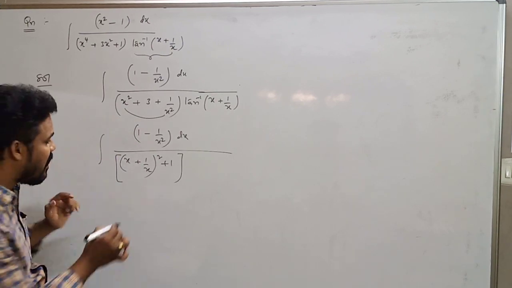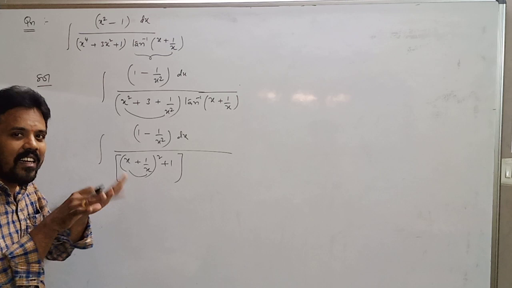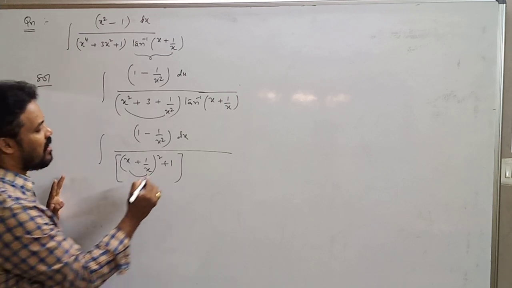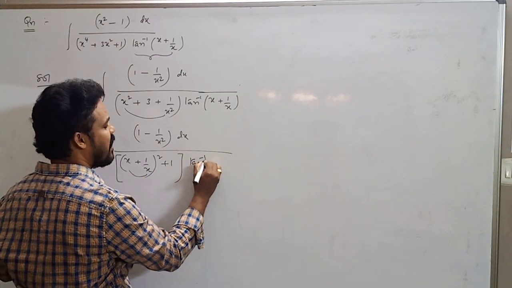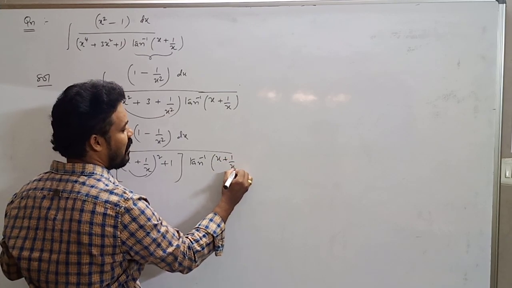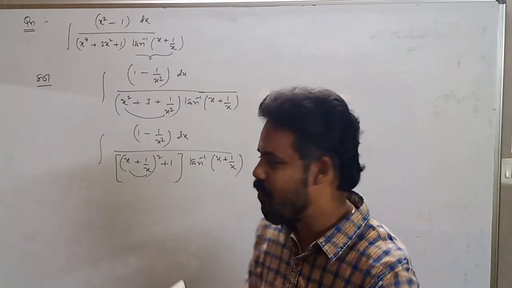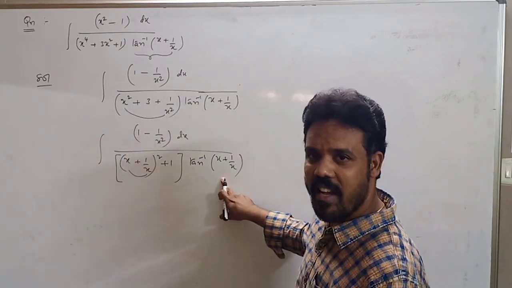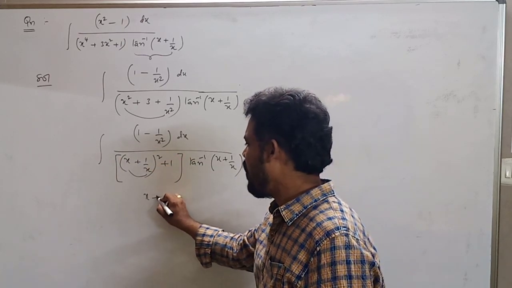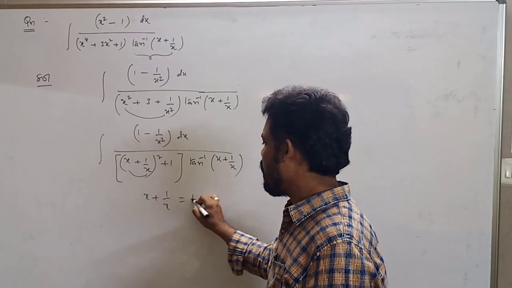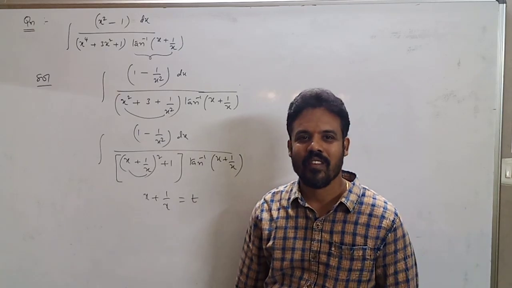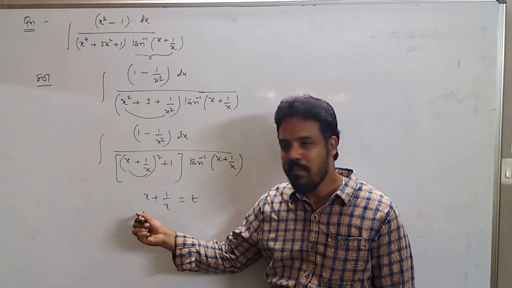Immediately you get the idea that x plus 1 by x should be in the denominator. Here the same thing is there, x plus 1 by x. Now everyone will get the idea to keep x plus 1 by x equal to t. This is the actual method.